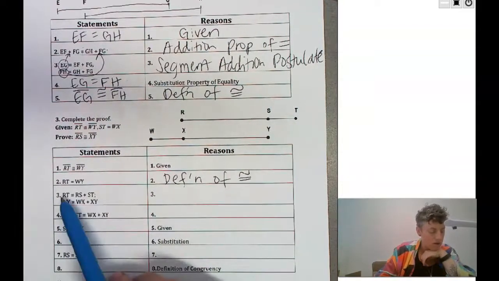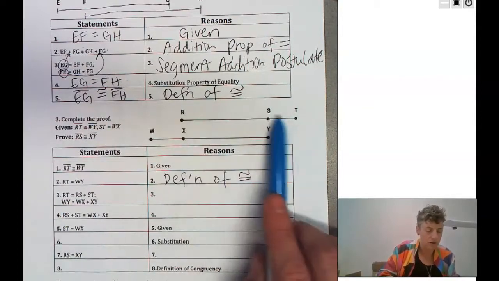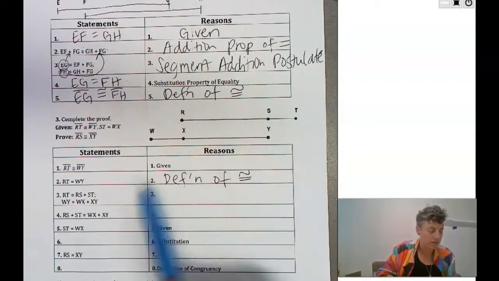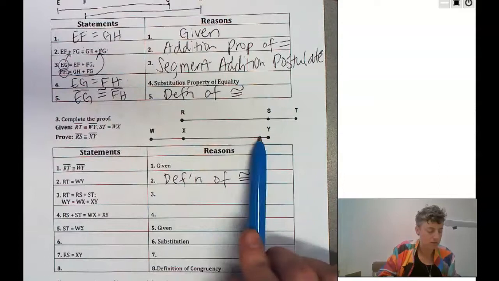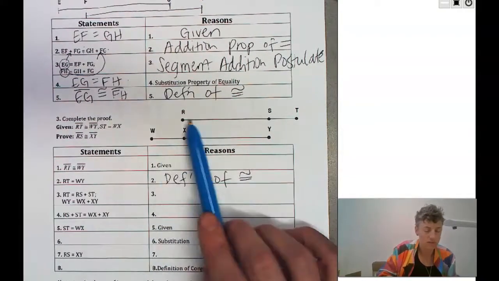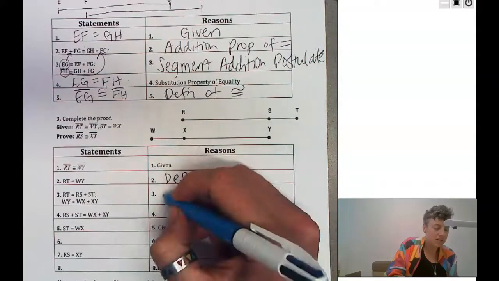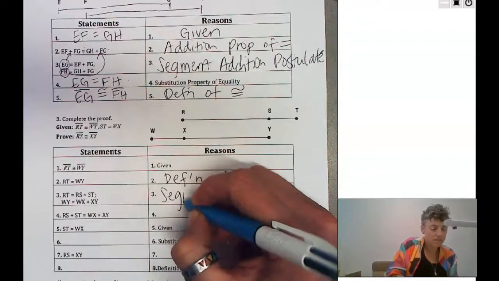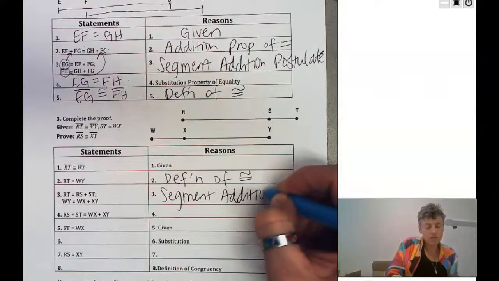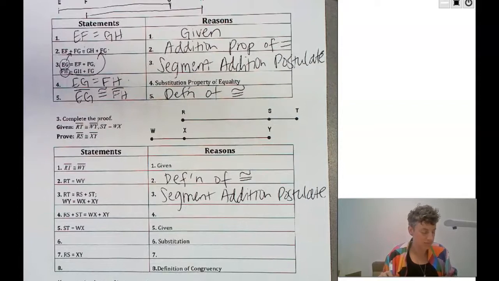And they tell us RT is equal to RS plus ST, and WY is equal to WX plus XY. Why is that true? Why do two segments add up to make a third big segment? Oh, it's the segment addition postulate! Okay, got it.